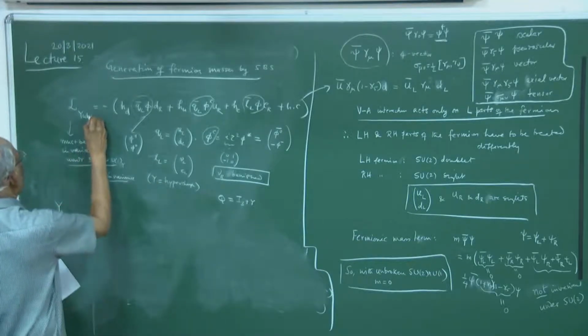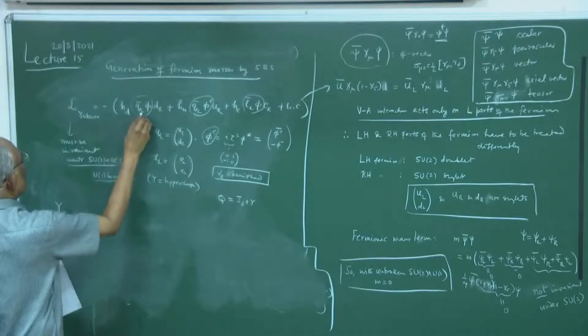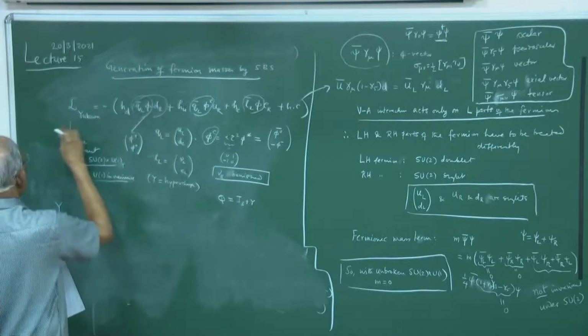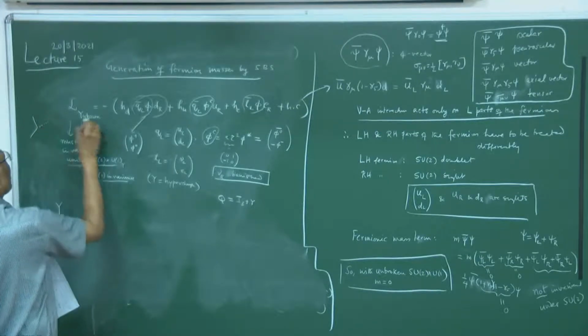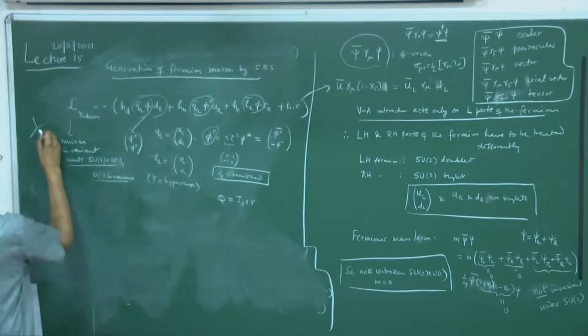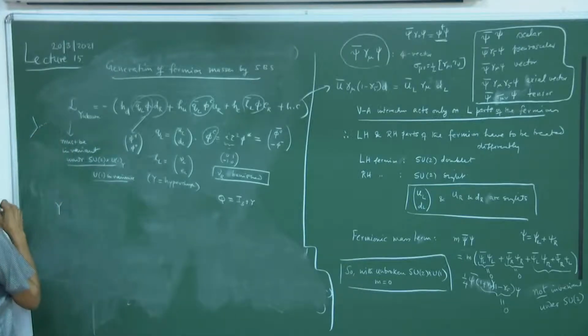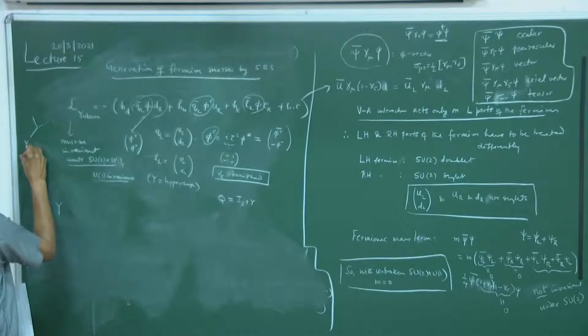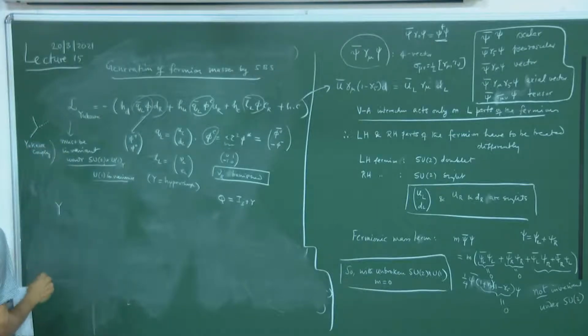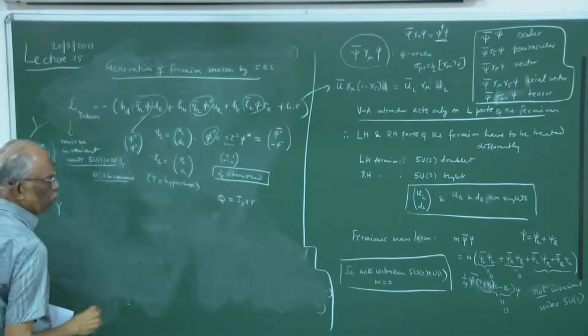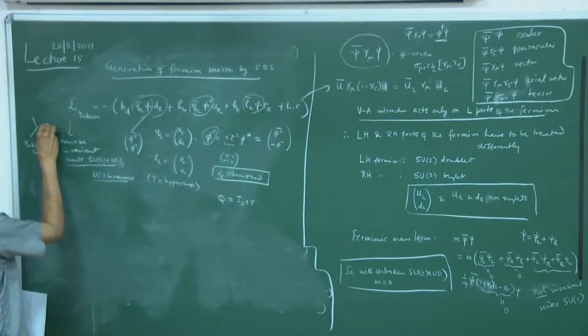I called this Yukawa. Why? Because remember what this does. This says one fermion becomes another fermion by emitting a scalar boson. This type of coupling, fermion-fermion scalar coupling, is called Yukawa coupling, because it was Yukawa in 1933 or so, who first introduced the interaction of the nucleon with the pion.